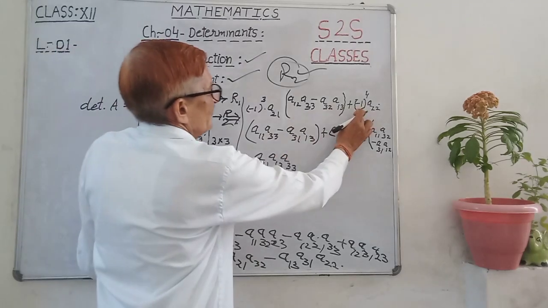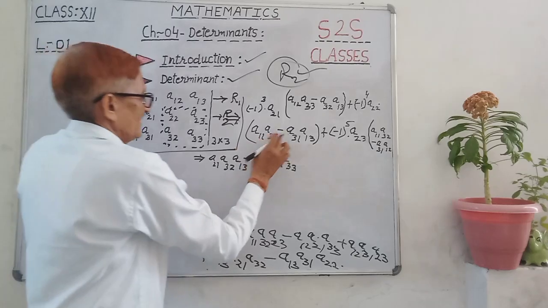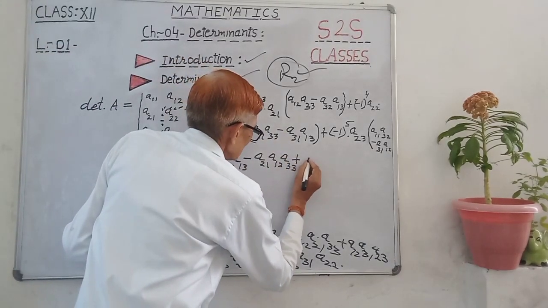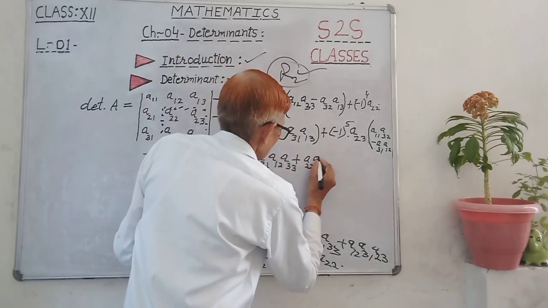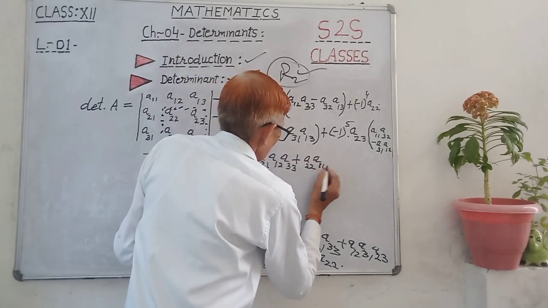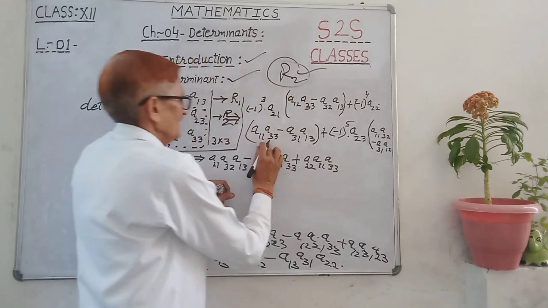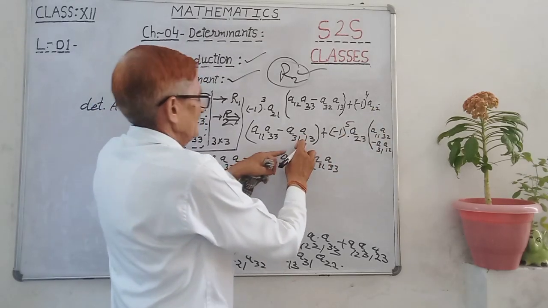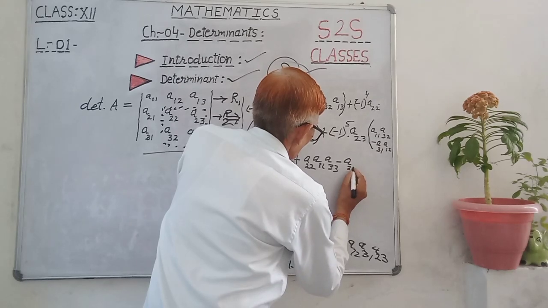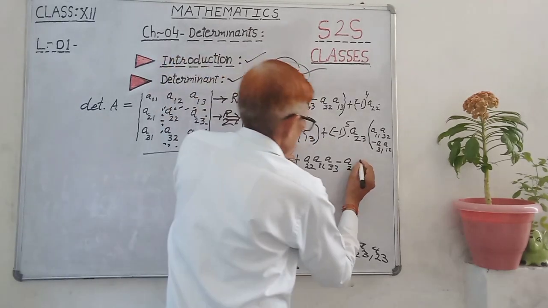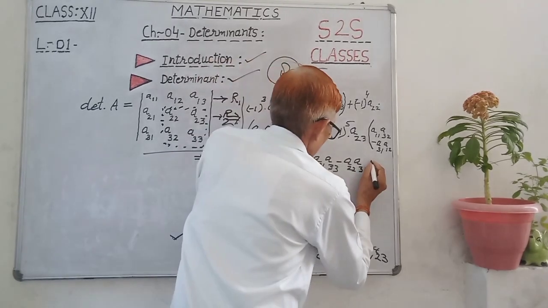Now minus 1 power 4 plus 1, so plus 1 into A22, that is plus A22 into this, so plus A22 A11 A33, then A22 into minus A22 A31 A13.